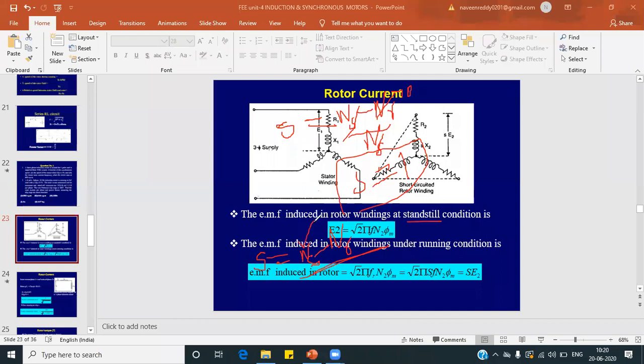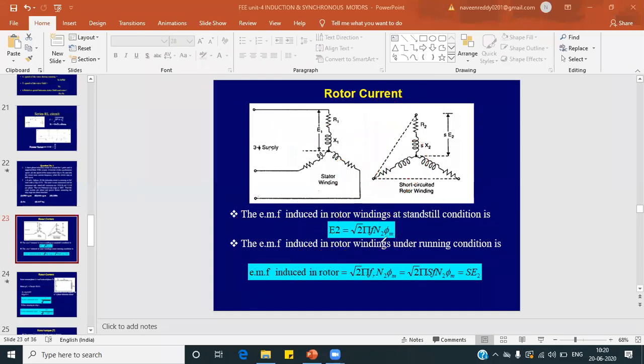NS is the stator field speed, that is synchronous speed. NR is the rotor speed. So slip is the relative speed between stator field and rotor conductors. This is very, very important. NS minus NR is the relative speed between stator field and rotor conductors.